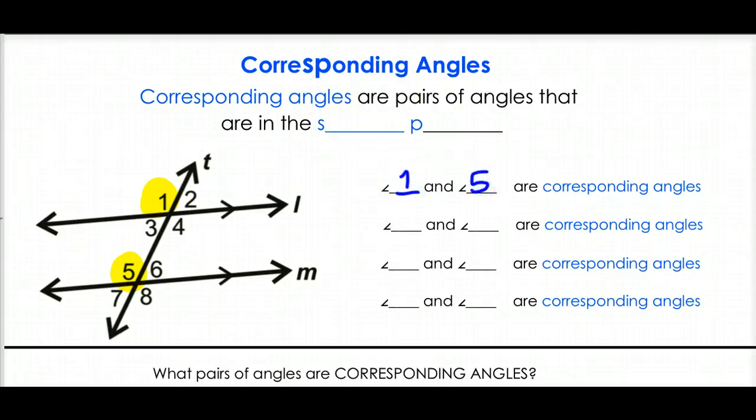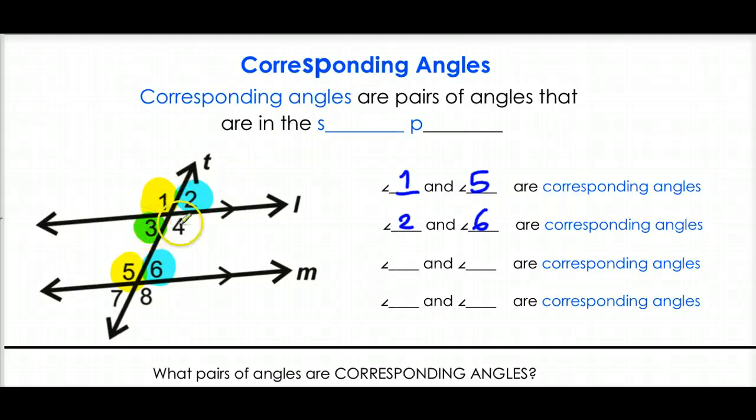Can we find more of these? Sure. If you look at 2, 2 is on the top right-hand side of line L, and 6 is on the top right-hand side of line M. So those would be corresponding, okay? 2 and 6. Let's keep going. There's more of these. You have angle 3.